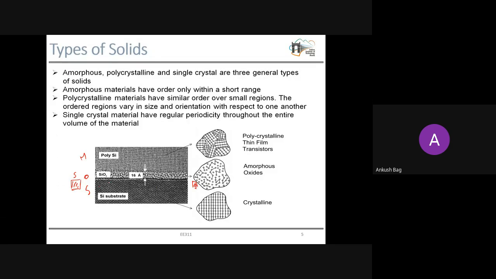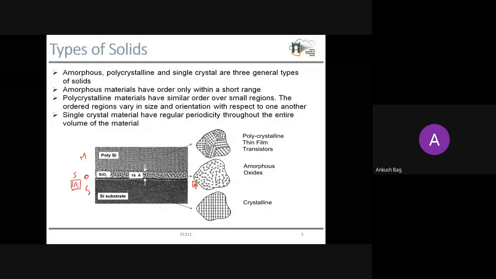In between you have the semiconductor channel, and on this channel you have the oxide, and then you have the metal or polysilicon. Since this polysilicon is not crystalline material with regular periodicity of atoms throughout the volume, it also behaves as metal.